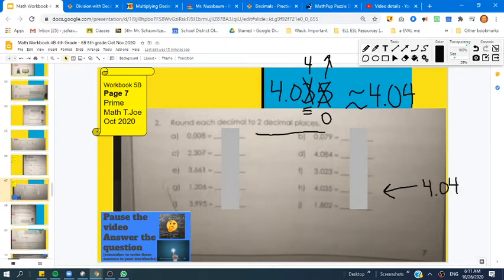All right, so again, 4 and 35 thousandths is approximately the same as 4 and 4 hundredths. You can see the 0 is in both spots in the tenths, but then this 35 thousandths went up to 4 hundredths.